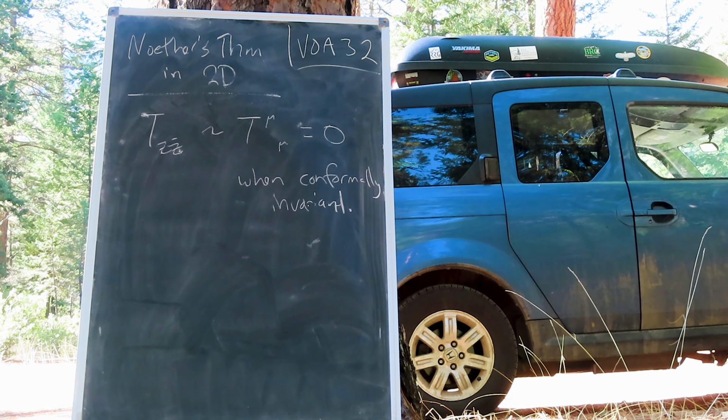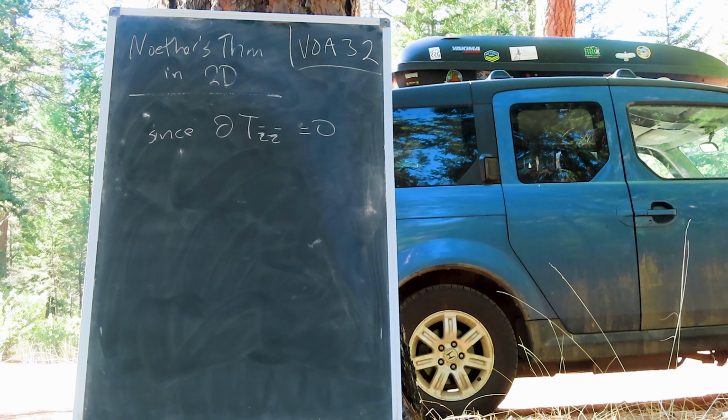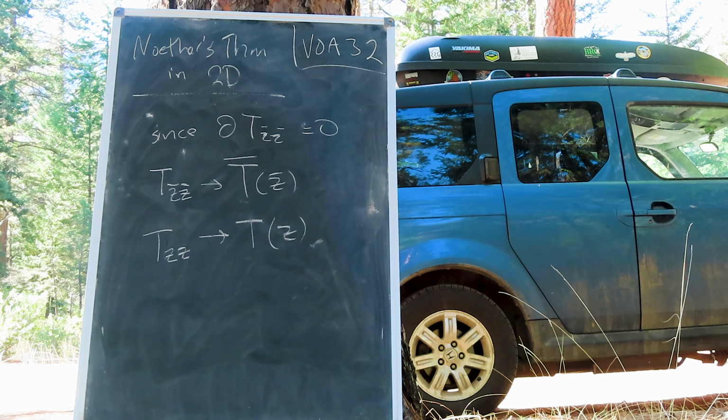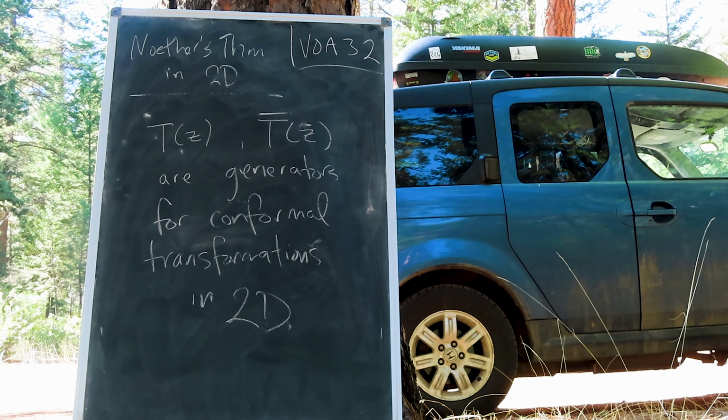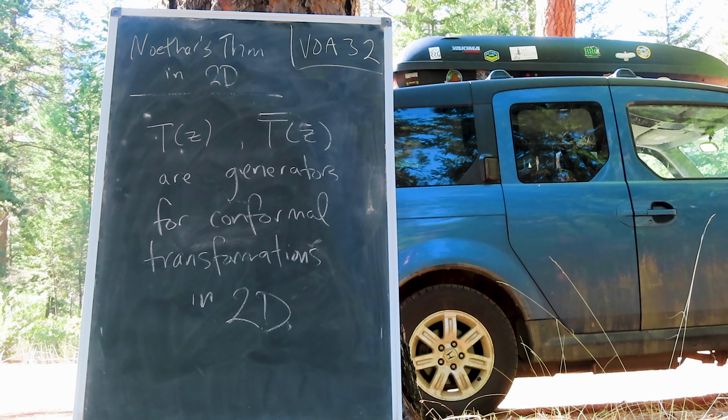Indeed, using the tracelessness required by conformal invariance and the transverse property of T we discussed last time, coming from translation invariance, you can show that d_z T_{z bar z bar} vanishes, much like d_z bar T_{zz}. Put differently, perhaps more clearly, T breaks into 2 separate terms, a holomorphic and anti-holomorphic term. And as it turns out, T and T bar generate the full set of local conformal transformations in 2 dimensions.